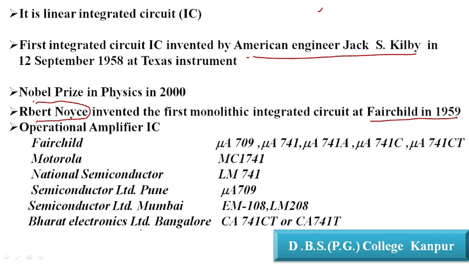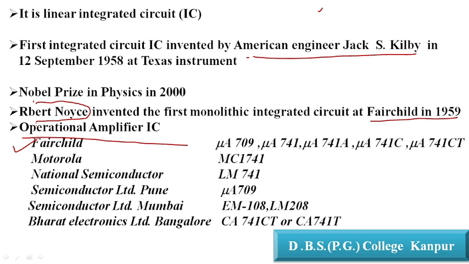Different ICs of the operational amplifier were developed by other companies. Just like the first IC of the operational amplifier was developed by Fairchild. Just know that monolithic ICs are a very special category of IC, in terms of the active component.